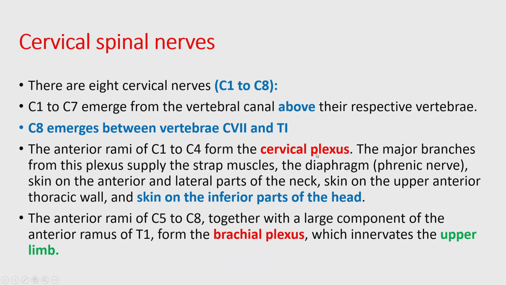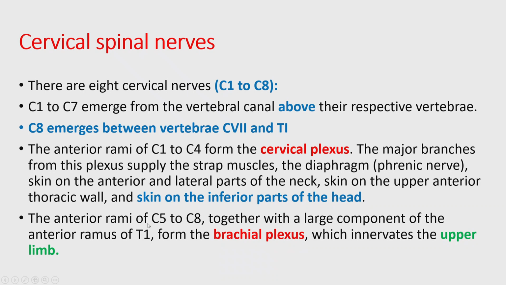Then the cervical plexus arises from spinal nerves C1 to C4, which are the ventral branches. One important nerve goes to the thorax and is responsible for innervation of the diaphragm: the phrenic nerve, which also comes from the cervical plexus. The cervical plexus is also responsible for innervation of the skin of the inferior part of the head.